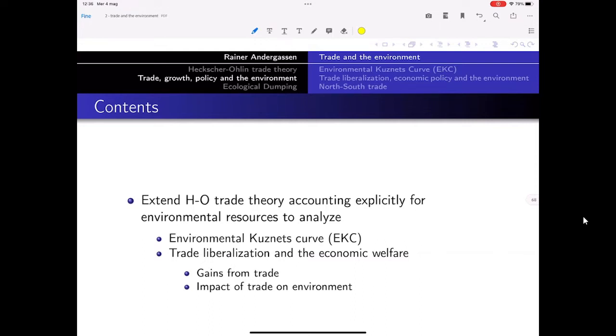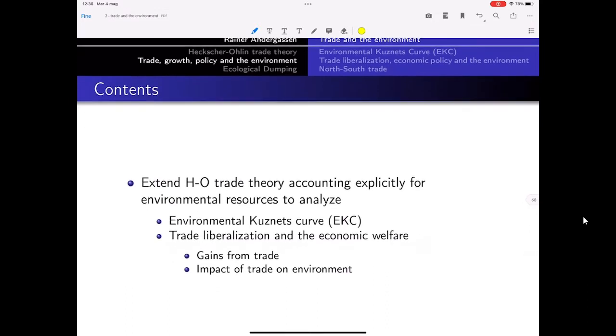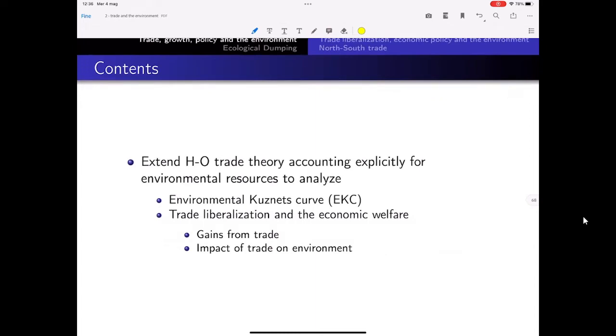This is somehow related to the problem of carbon leakage, but the carbon leakage problem is just a problem of CO2 emissions disappearing somewhere but appearing somewhere else, while there's a more general problem of how environmental regulation, which concerns not only CO2 emissions but also other pollutants, affects trade flows. I'll discuss that at the end of this part of the lectures.